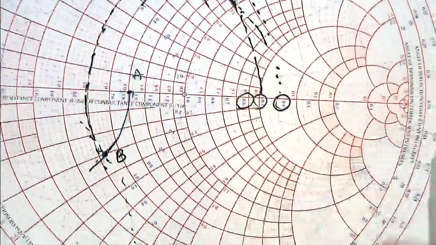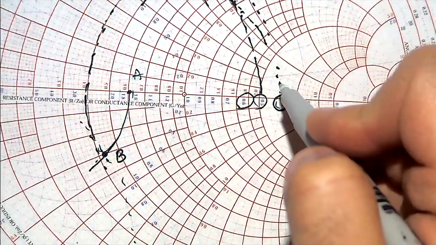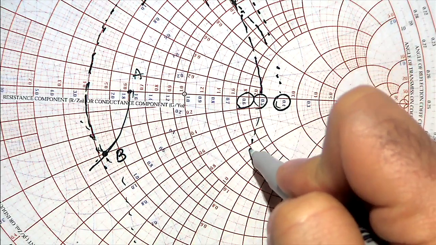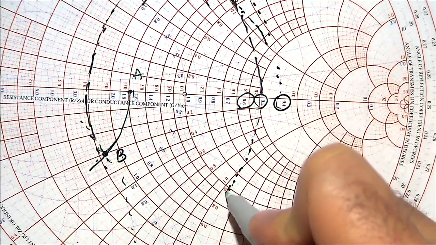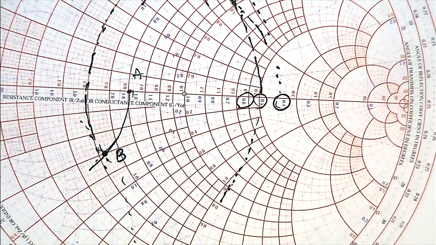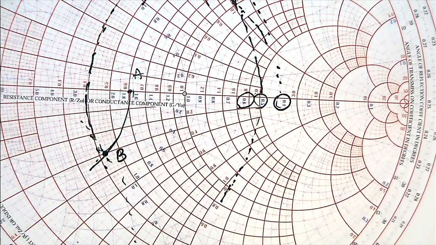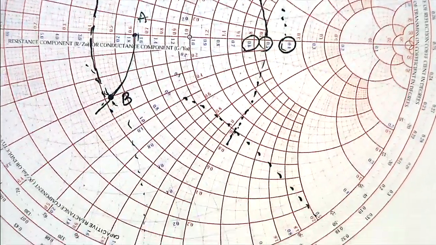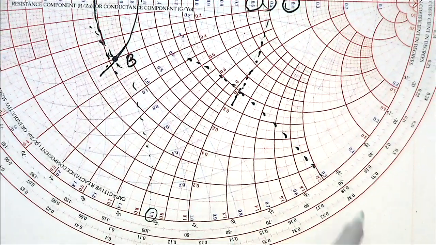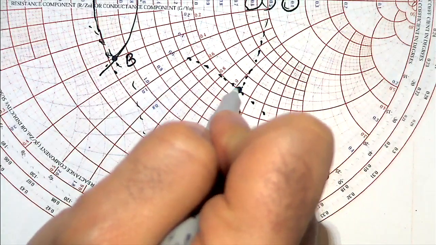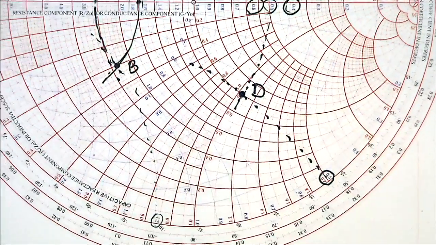So it is somewhere in the lower half. So 0.5 is again this circle, and J.5 is this circle. This is J.5 and this is 0.5. So this is the point D.